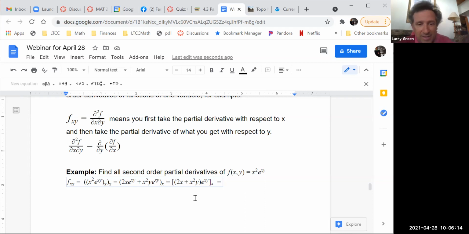So it's a bit messy. I decided to do one messy one. Okay, so we take the derivative of the first, which is just 2 plus 2xy, with respect to x, of course. So 2 plus 2xy times e to the xy plus the first, which is 2x plus x squared y.